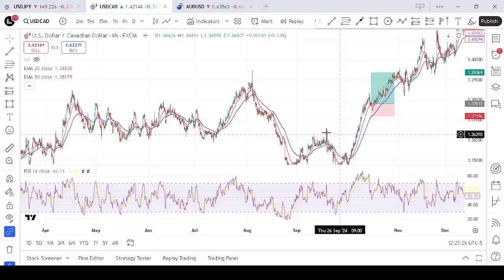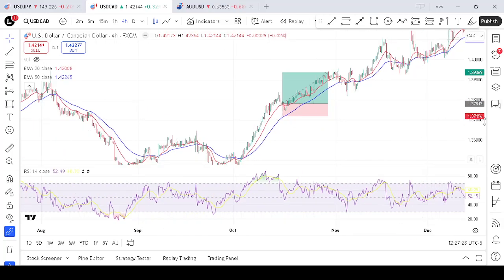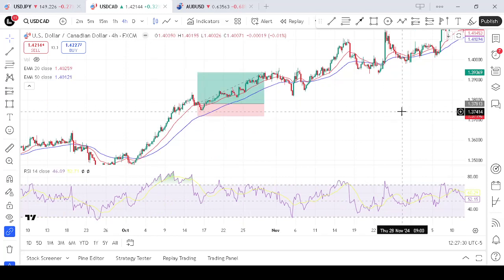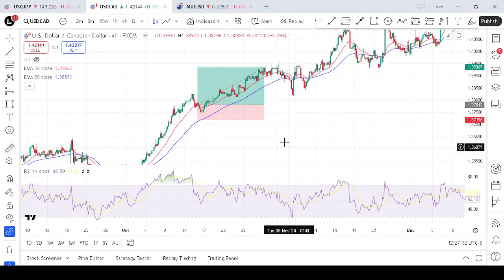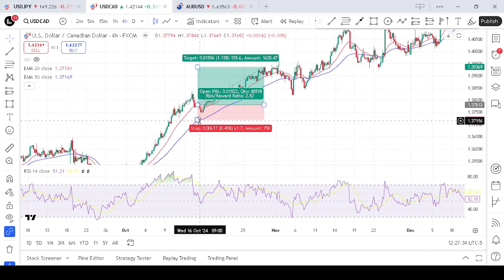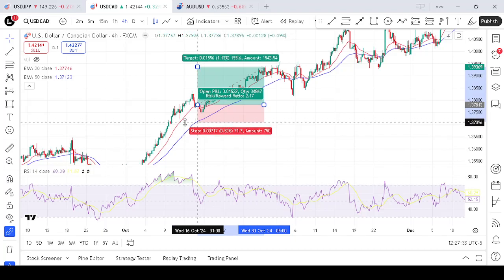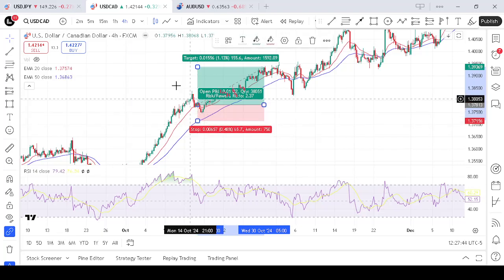So yes, when we take the trade, we'll put our stop loss below. In case of a long position, we put our stop loss below the previous swing low. We can put it 20 pips below or 10 pips, or just give it breathing space.